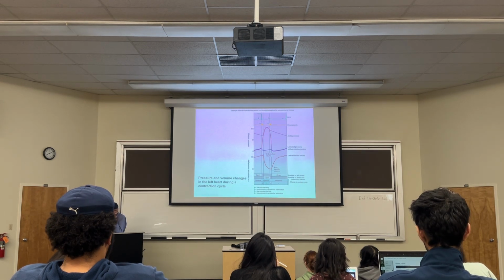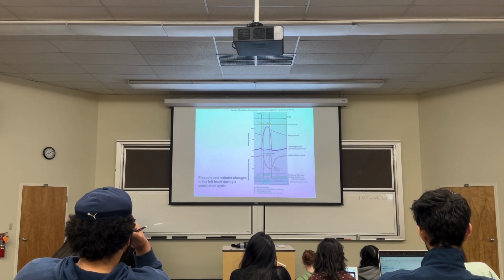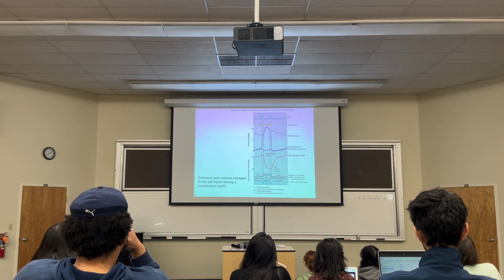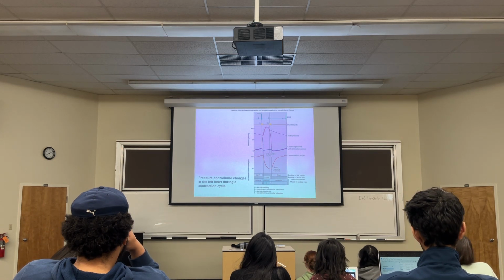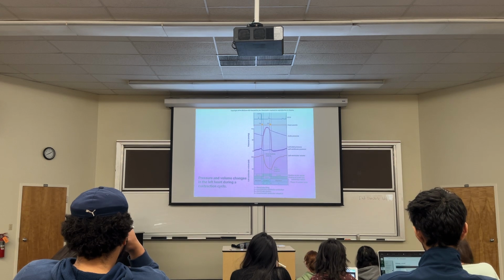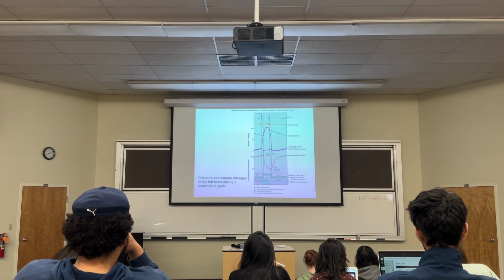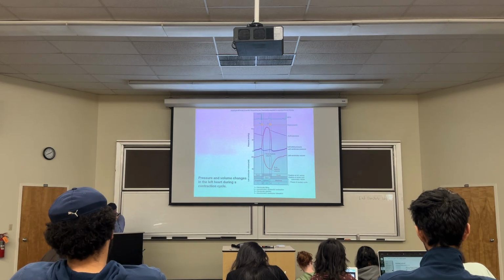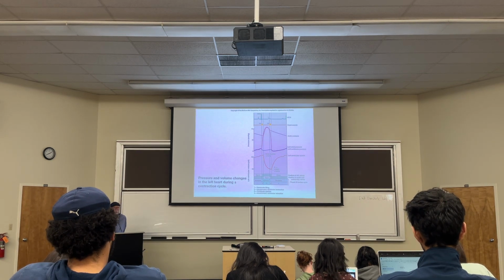Now all we have to do is look at the pressure in the ventricle. It's this one here. What's happening from here to here? It's going up, right? It's going way up. So if it's going up, we must be in systole, we must be in contraction, and we're in isovolumetric contraction there. We can tell that just by looking at the volume and the pressure.